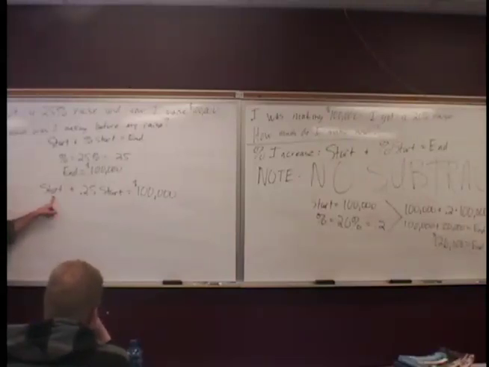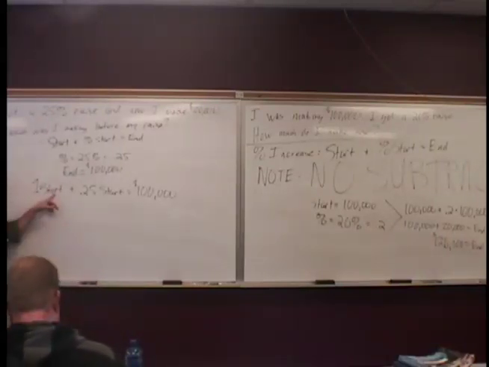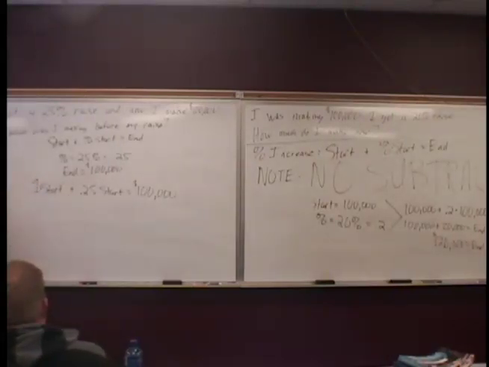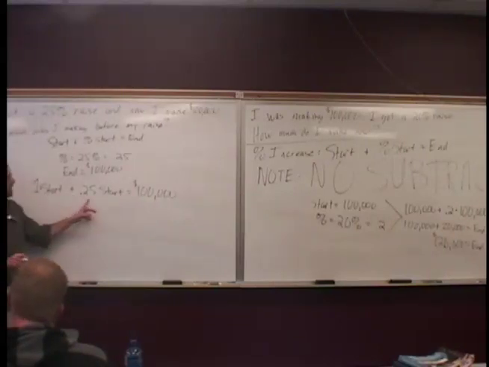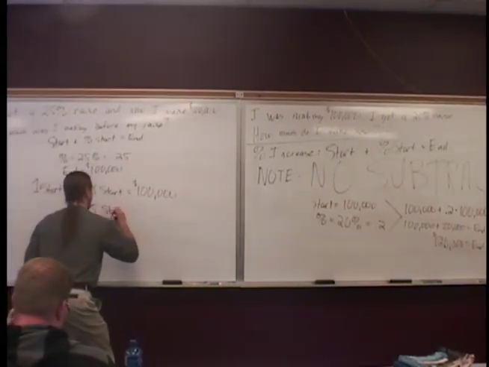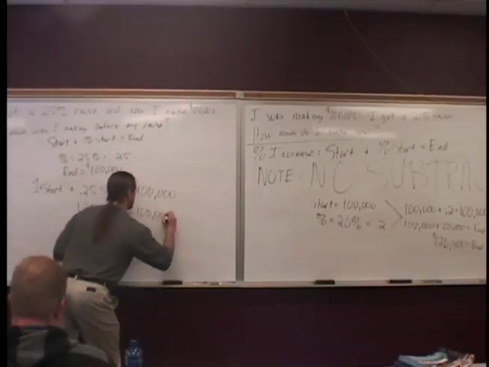This start, is there a number in front of it? No. What number is in front of there, though? 1, right? Remember that there is really a 1 in front of this. So if I have 1 start, and I add 0.25 starts to it, I have 1.25 starts. Okay? Think of start as x. This is the same as x plus 0.25x. You combine your x's, or you combine your starts to say that this is 1.25 start equals $100,000.